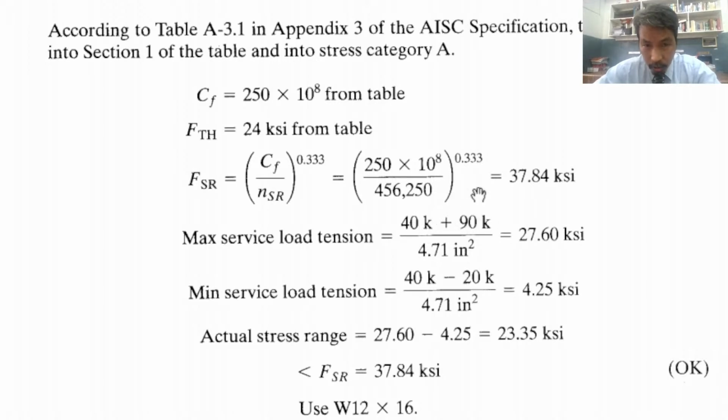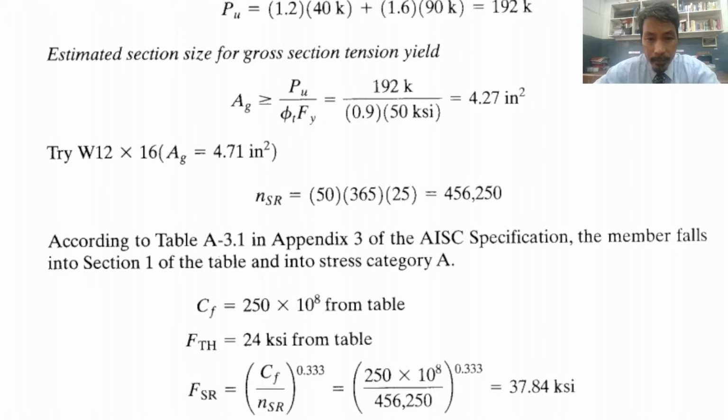So this is our tension load. If you have the compression load, you have to subtract, because 40K is tension dead load, plus tension live load. So this is tension dead load minus compression live load. That's why we have to subtract.